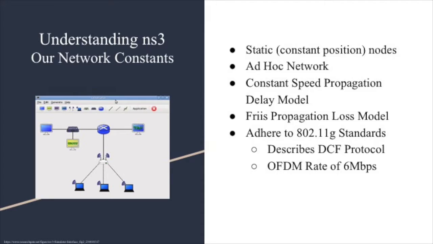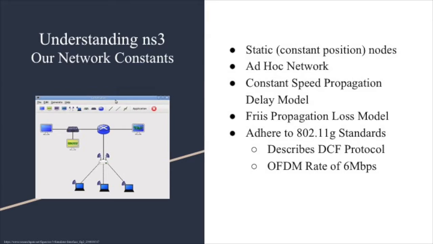In addition to ad hoc networks with static nodes, we had to define certain propagation delay models and propagation loss models so that we understood when packets were being lost, how far away our nodes had to be, and who could end up communicating with who.